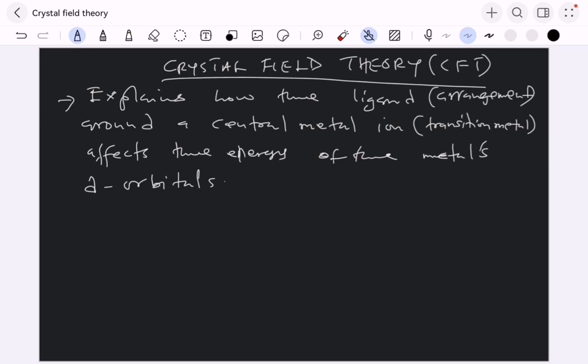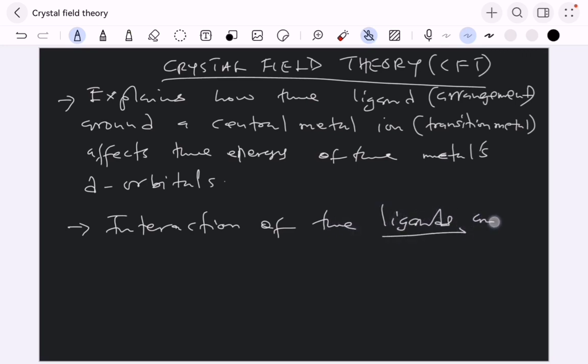Now, to simplify this, the crystal field theory usually just talks about the interaction. So it focuses on the interaction of the ligands and the metal ion.